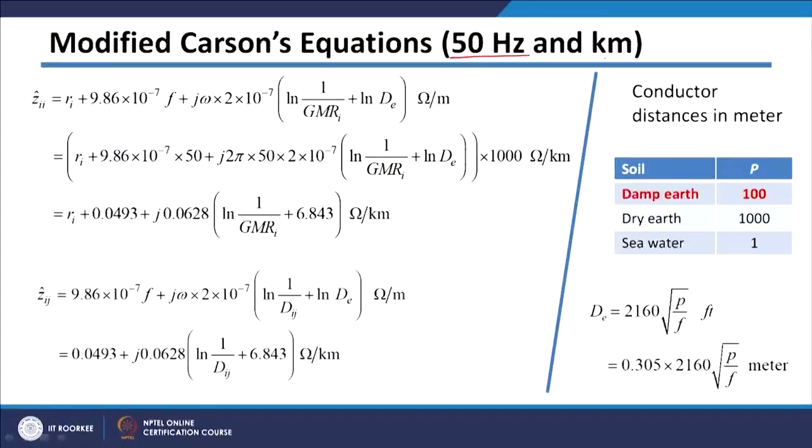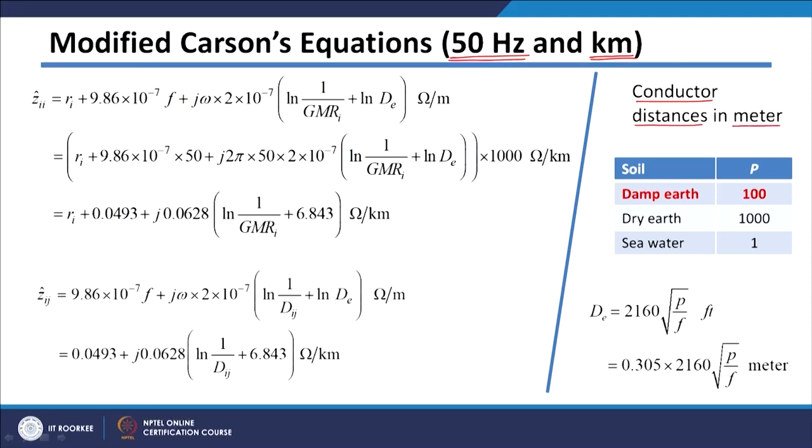Now, let us see how we can get this equation for 50 hertz, if the unit of measurement of transmission line length is in kilometers. So, 50 hertz is the operating frequency of the distribution system, and lengths of feeder we are giving in kilometers. One more thing we are considering here, that is the distance between the conductors, we are considering in meters.